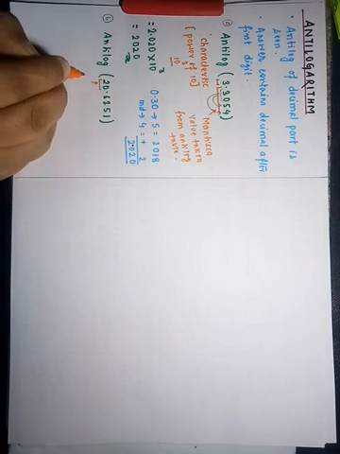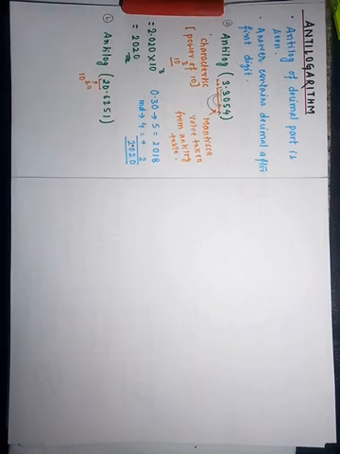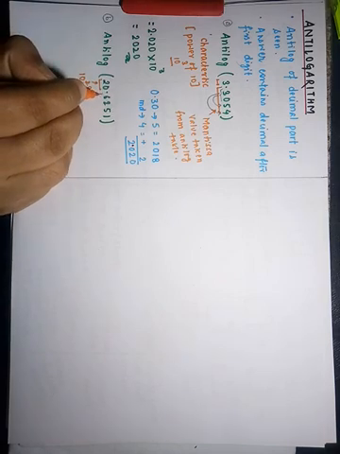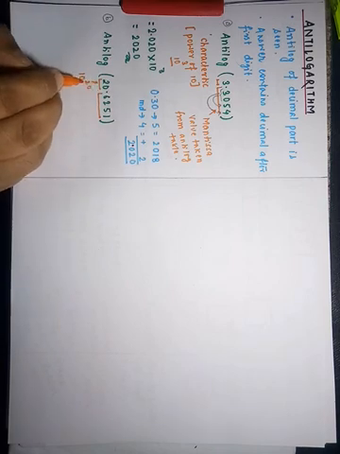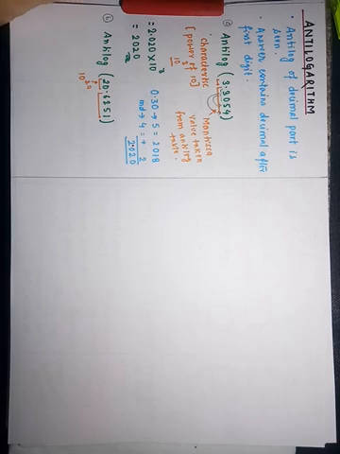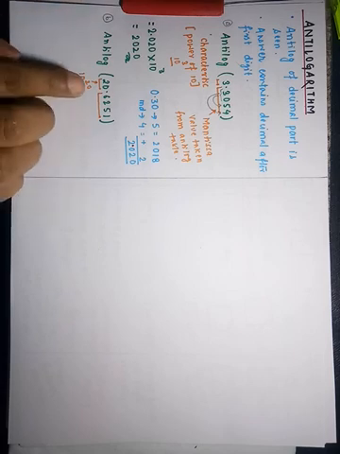So this is 10 to the power 20, and the mantissa part is 0.6251. Don't bring it into scientific notation, which most students usually do, and the answer is wrong.